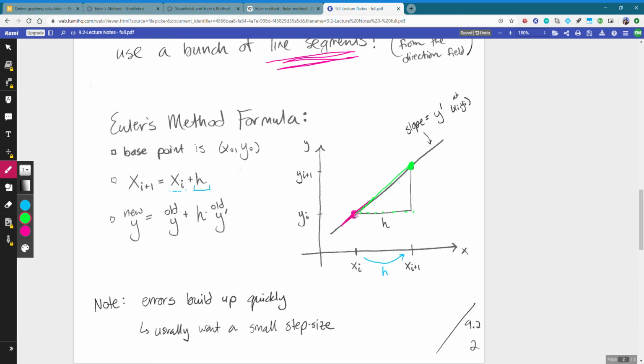And we want to know what y value we're left with here. Well, to start, I claim that we can find nicely this change in y here, this opposite side of this nice right triangle that we have kind of drawn in.